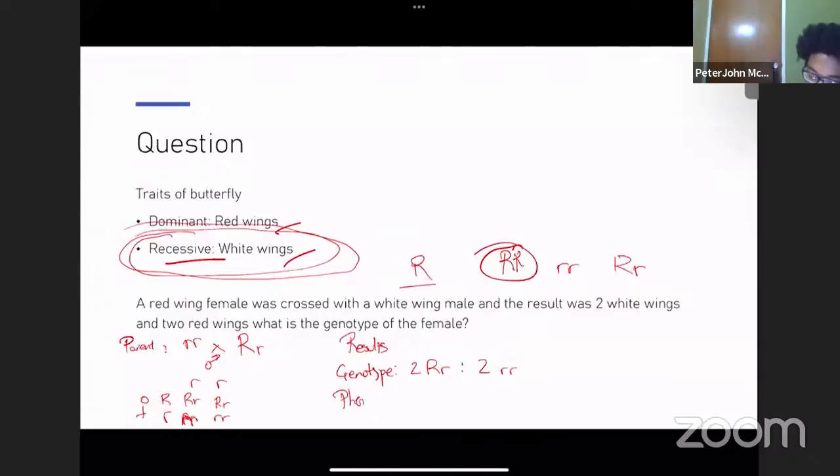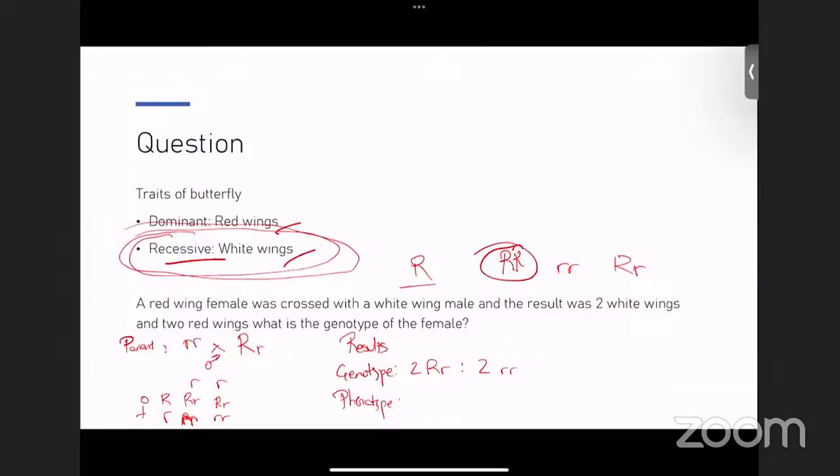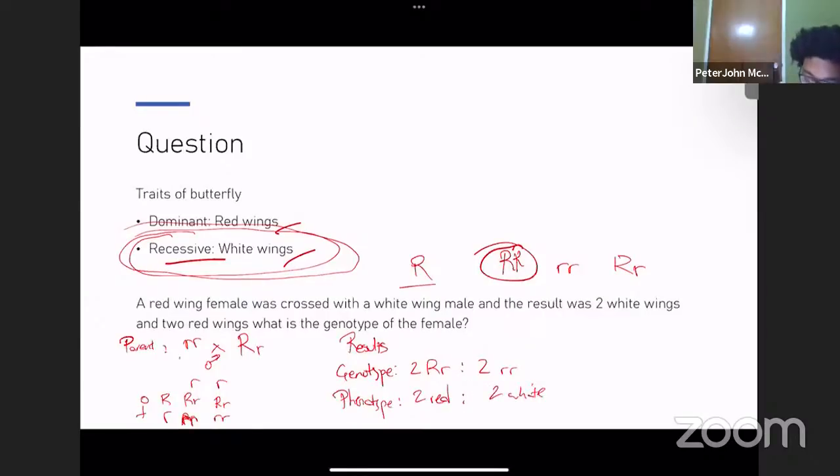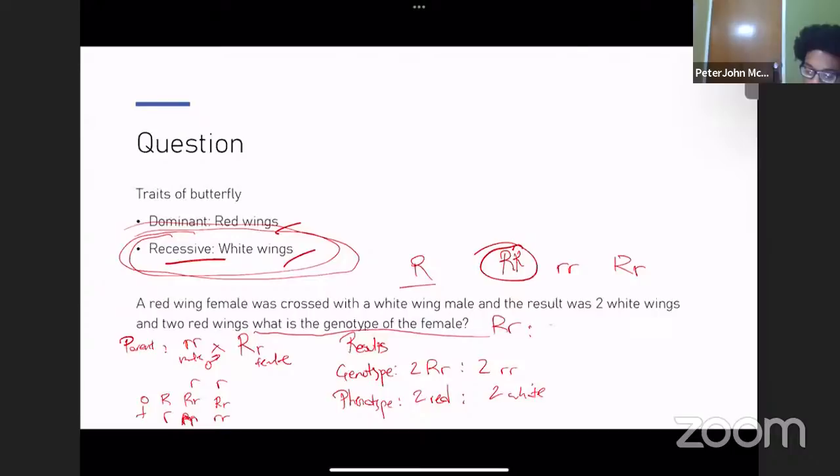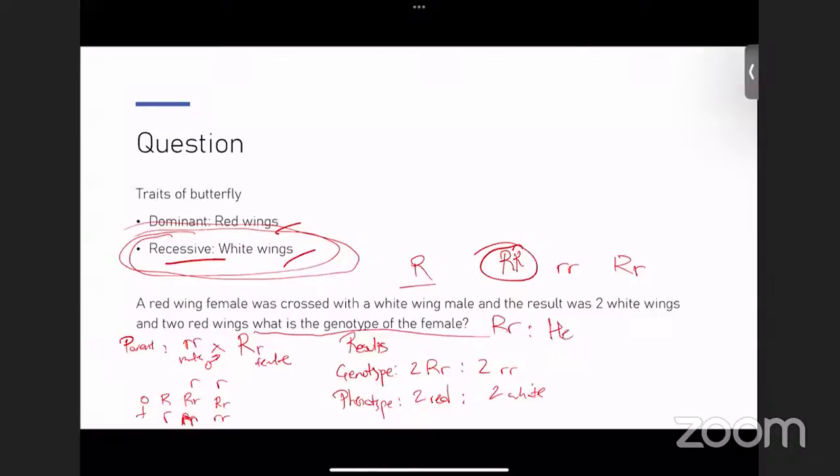So what's our phenotype now? Two red wings and two white wings. Perfect. So we know that this is the male and this is the female. What's the answer to the question? Big R little r, which is heterozygous. She's a heterozygous female.